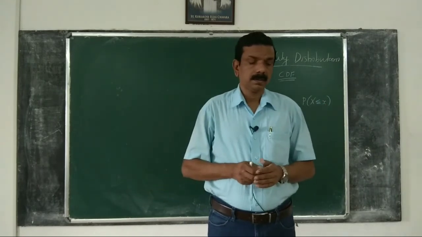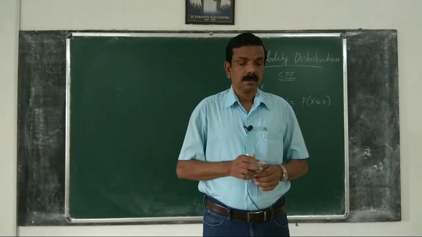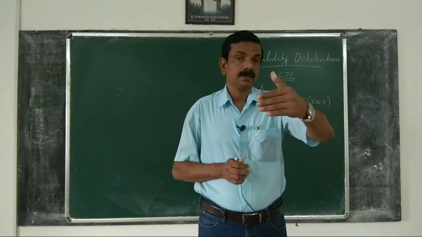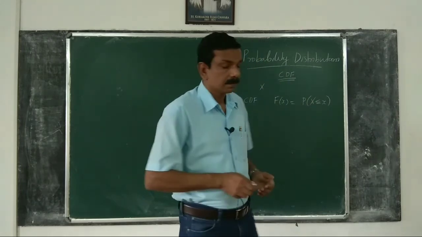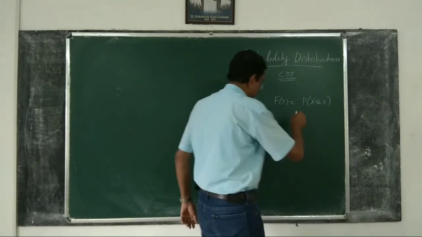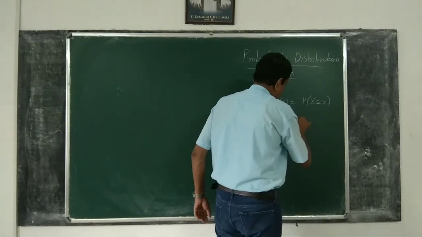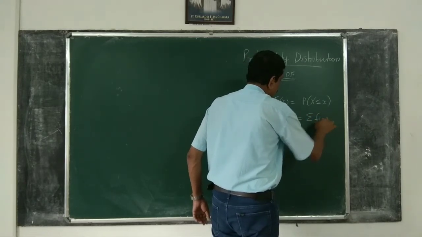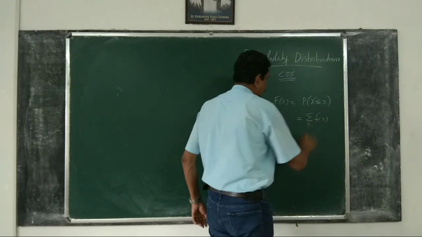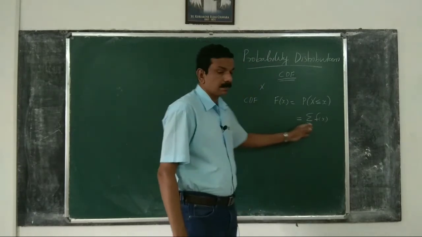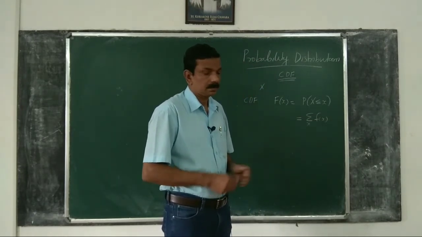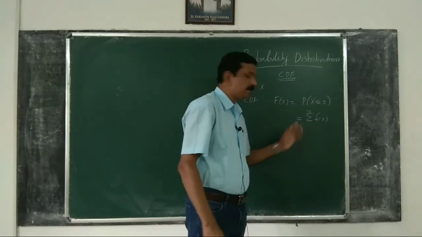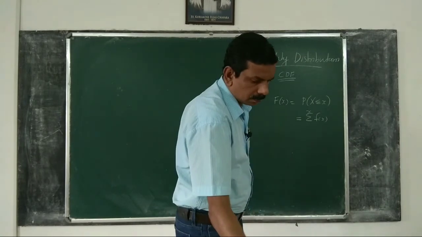And this CDF is only the sum of PDFs for values less than or equal to x. So F(x) is equal to the probability that X is less than or equal to x, which is equal to the sum of f(x), up to a specific value of x.